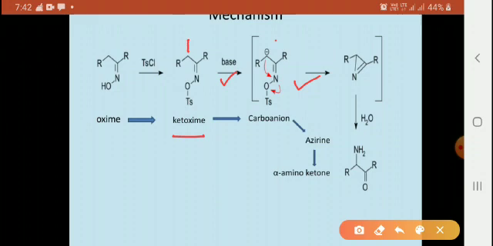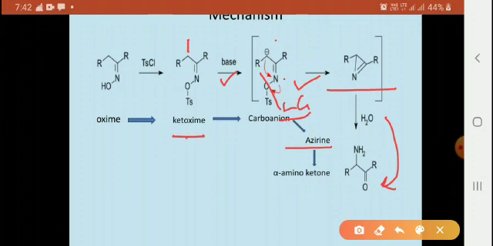The electron moves towards the most electronegative atom, nitrogen. Nitrogen leaves the group as a leaving group and forms the three-membered ring intermediate called azirine. Azirine on hydrolysis gives alpha aminoketone.